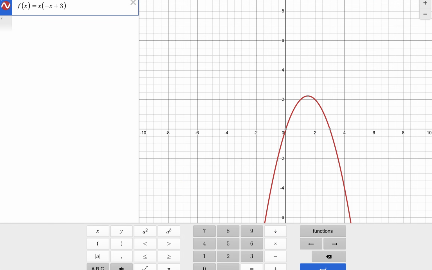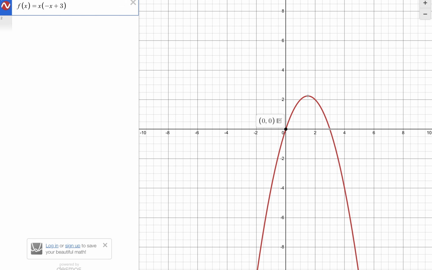Now the next question is, where is it negative? Well, it's negative anywhere below the x-axis. So that's going to occur anywhere from negative infinity of the x value all the way to 0, and then from 3 all the way to positive infinity, because both the left side of the function and the right side of the function are below the x-axis.